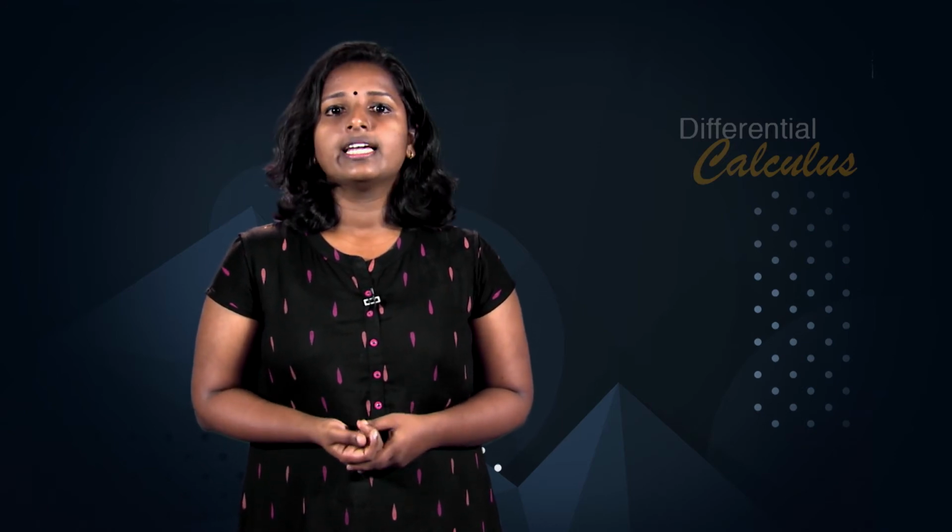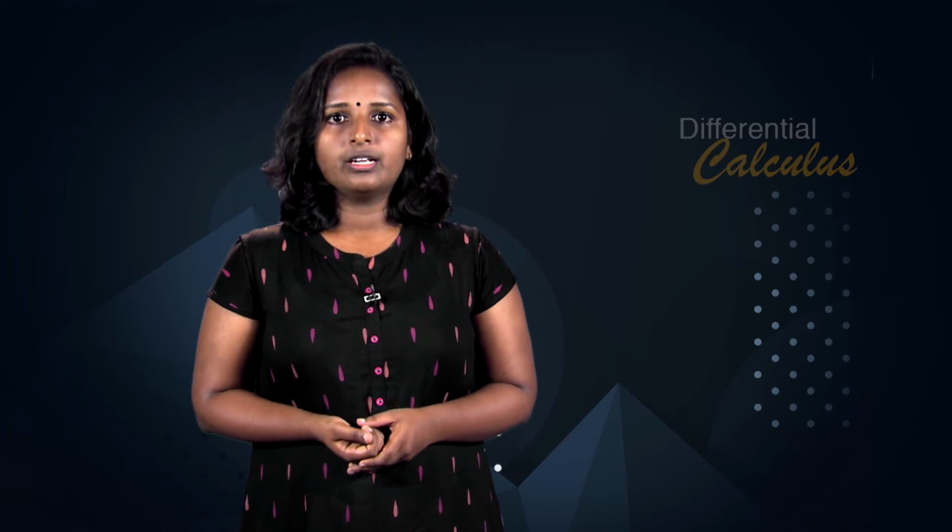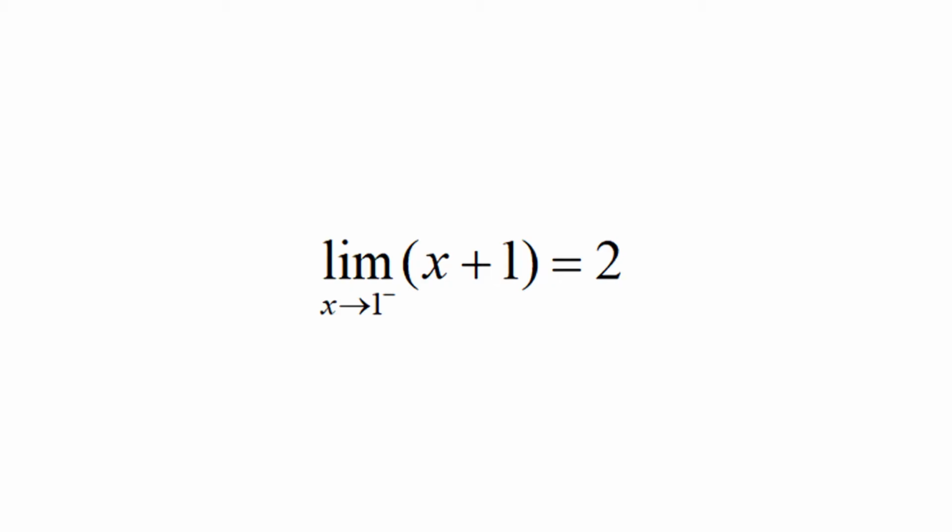We say that x + 1 approaches 2 as x approaches 1 from the left side. 2 is called the left hand limit of x + 1 when x approaches 1. We denote it by limit of x + 1 as x approaches 1 from the left is 2.